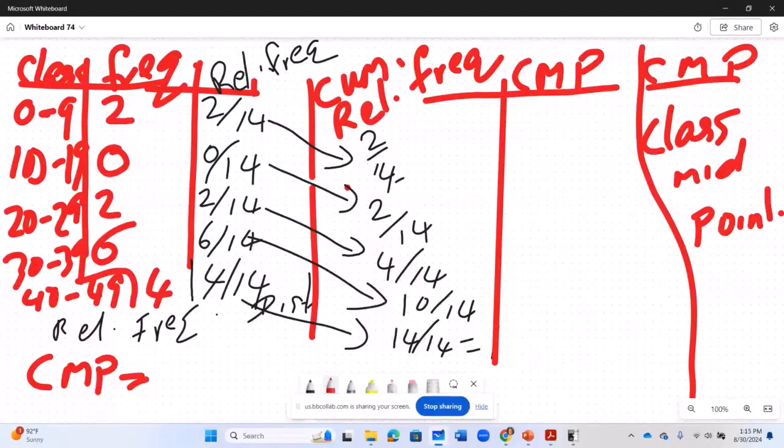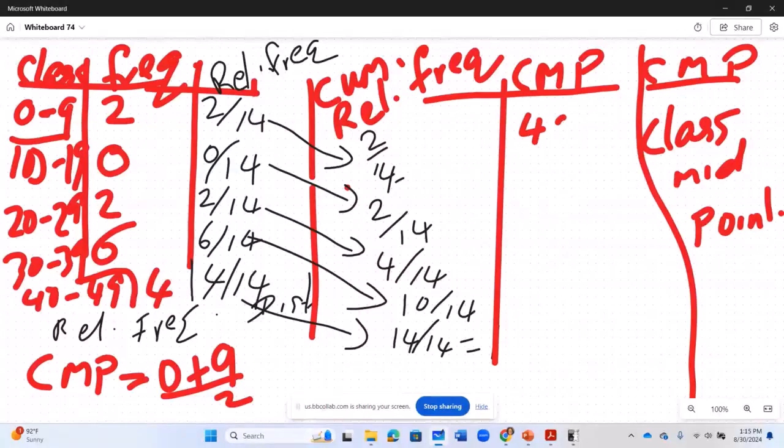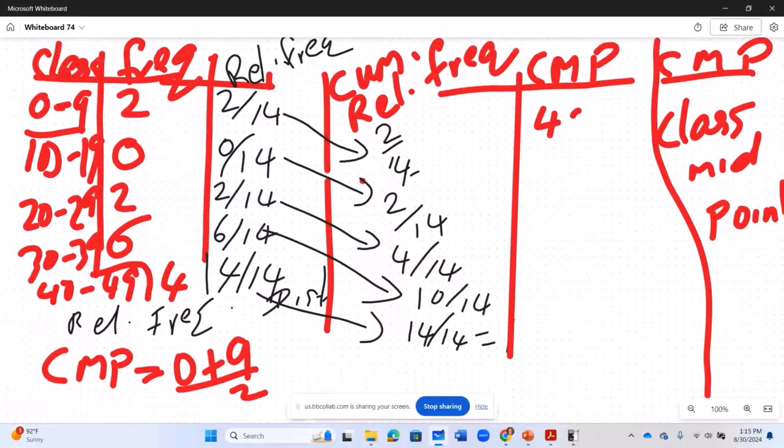For example, if I'm talking about the first class, the lower limit of the first class is 0, plus the upper limit, divided by 2. Therefore, the class midpoint of the first class is 4.5. The class midpoint of the first class is 4.5.